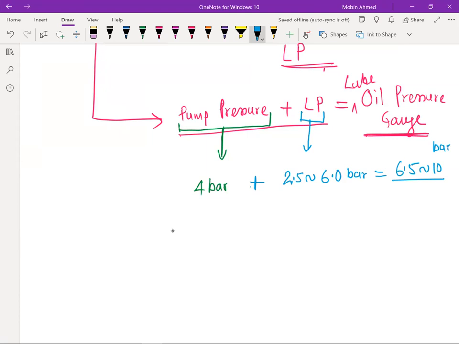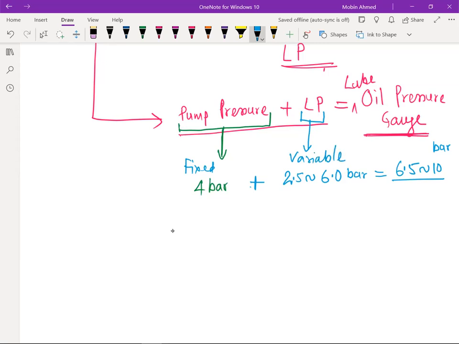And this is the reason. Whatever the LP is, that is the fixed higher. You can see 3 bar or 4 bar, it is always going to read higher than that. So what is the reason? The reason is this: you have a fixed pressure, which is not going to vary, but this is a variable.